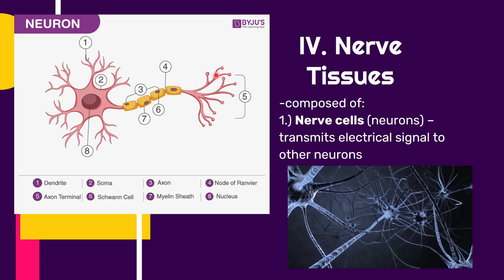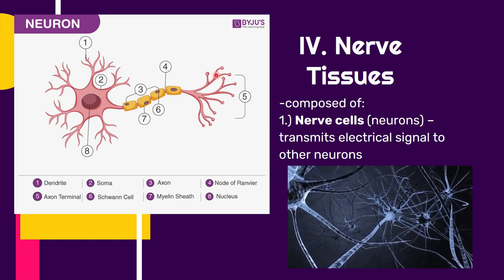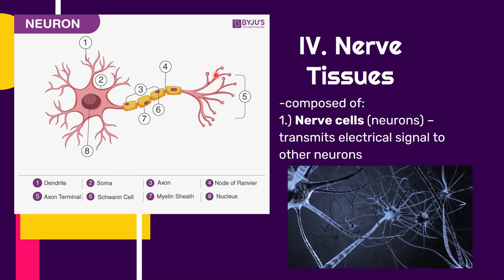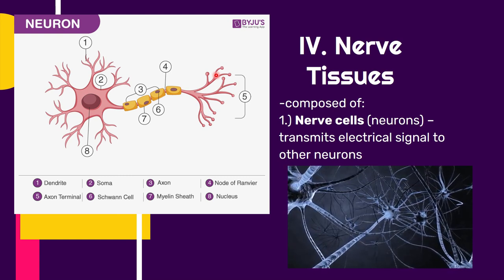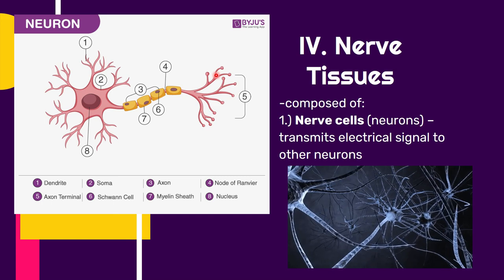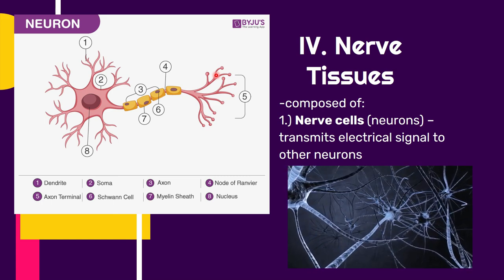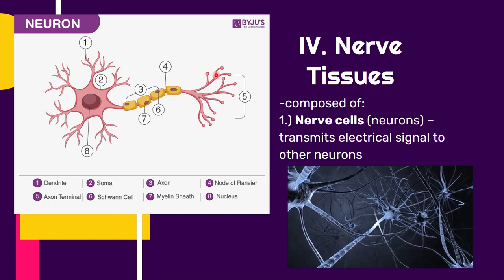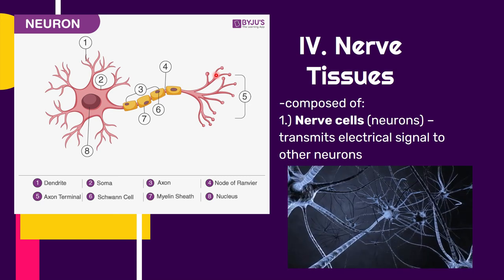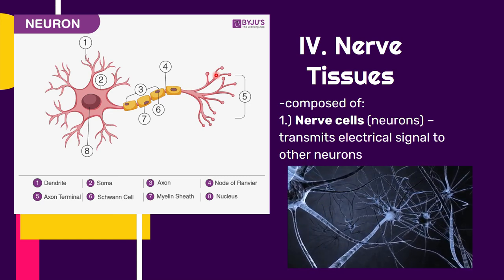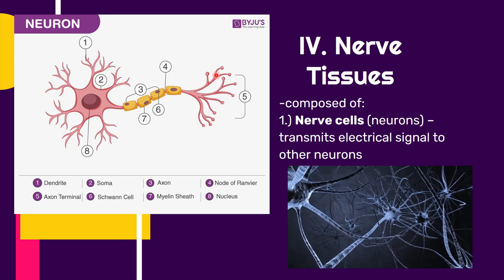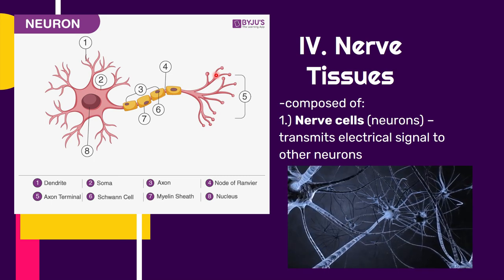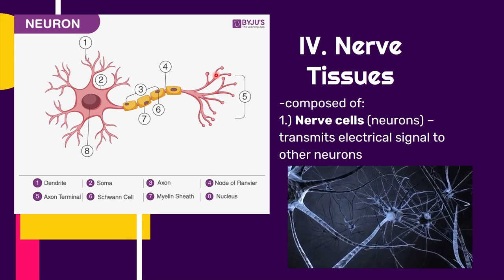At the tips of the axon terminal, it is connected to another neuron. So the electrical signals will be passed on from neuron to neuron until they reach the CNS, or the central nervous system. We have the brain and the spinal cord. So the electrical signals will proceed to the spinal cord and then to your brain.